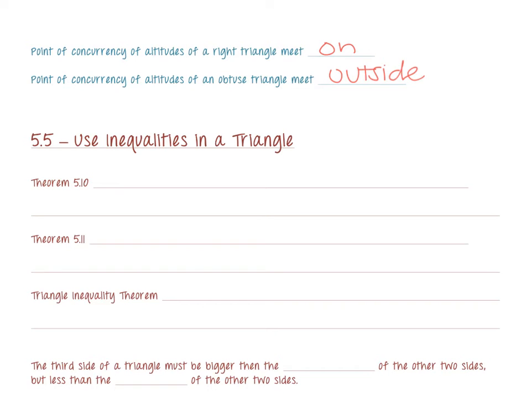All right, and then 5.5, using inequalities in a triangle. 5.10 said what? Do you remember? It didn't have a name, but this was about the sides of a triangle and the angles opposite them.